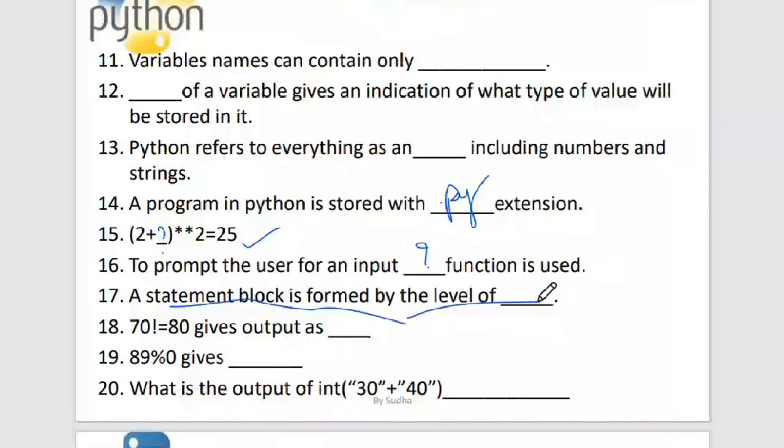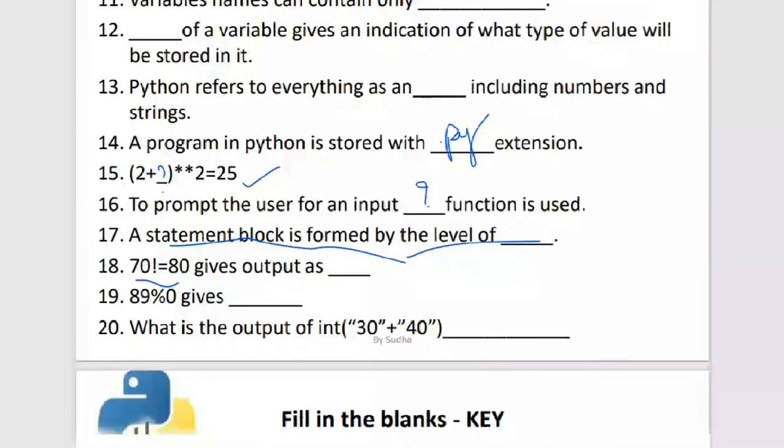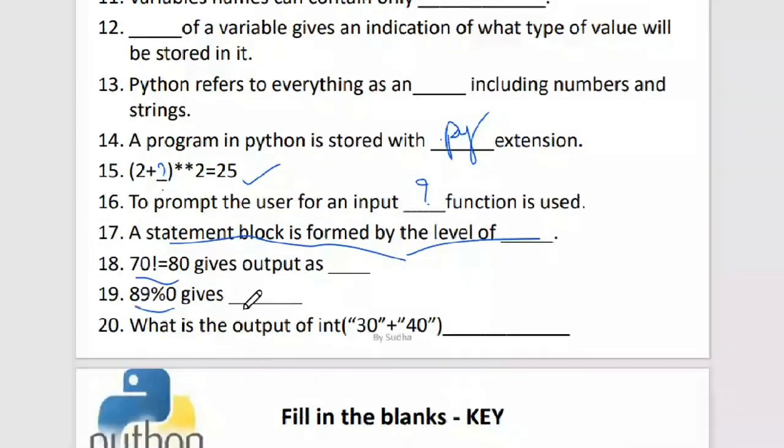Very good. 70 not equal to 80 gives what? True. 89 divided by 0 gives what? It gives an error. Because of division by zero error. Division by zero is not possible, so this will give you an error.